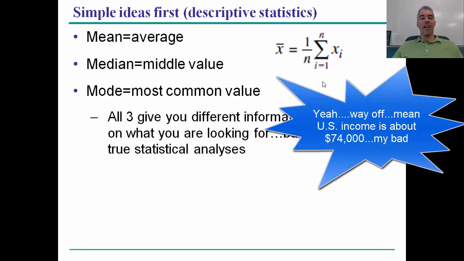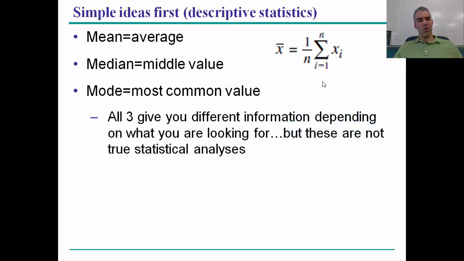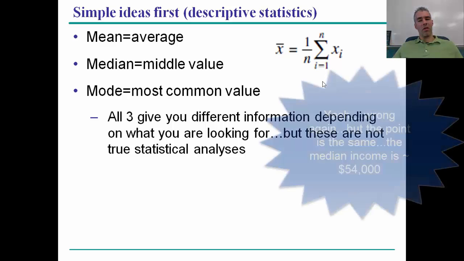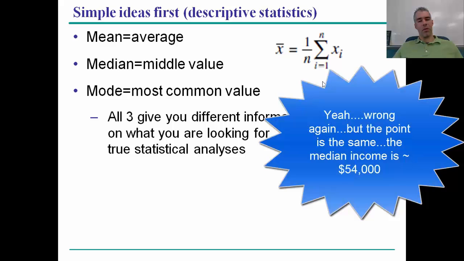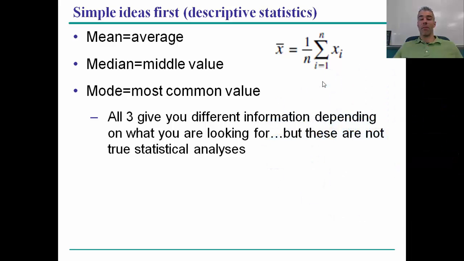But the median income, because the wealth tended to pool a little bit more at the top, is much lower, probably in the 30s to 40s. So they give you different information. What that would tell us is that the average is not actually an accurate representation of what most people make, where the median value would give us a little bit better idea.